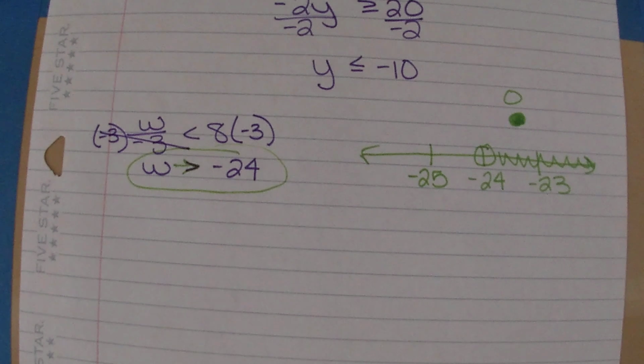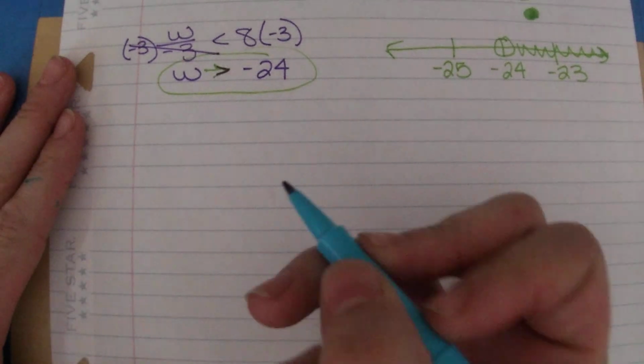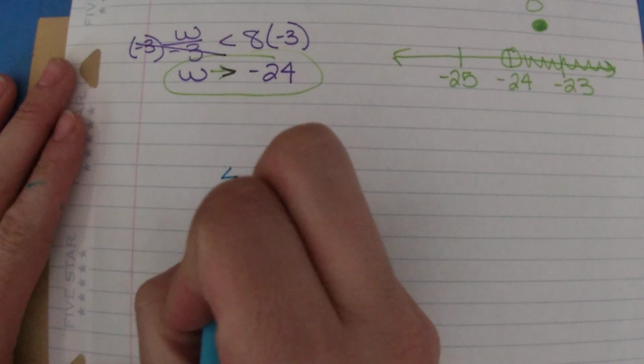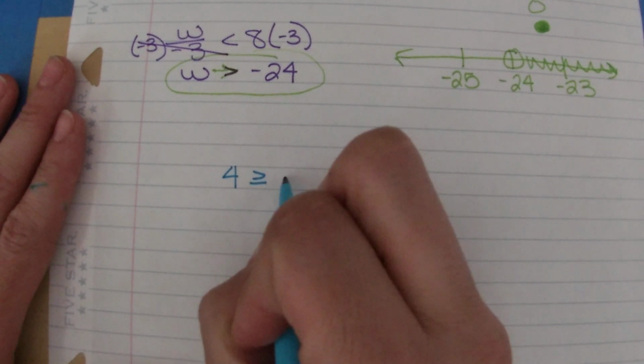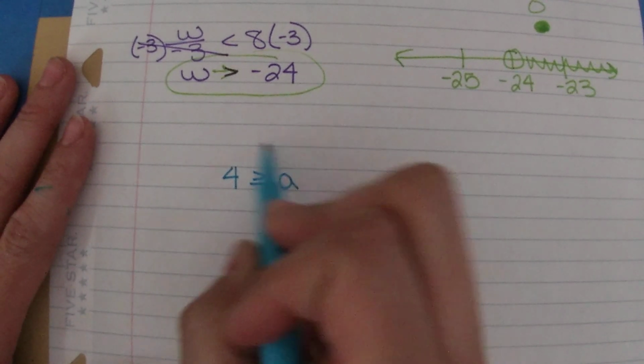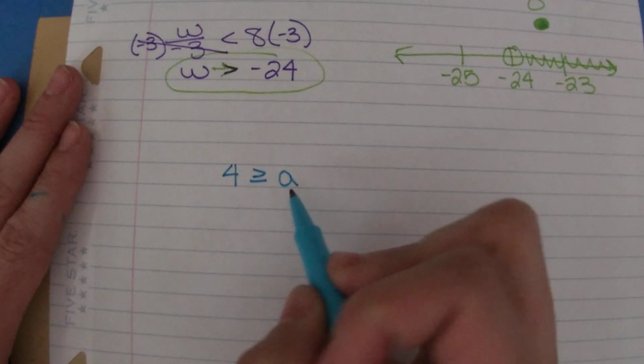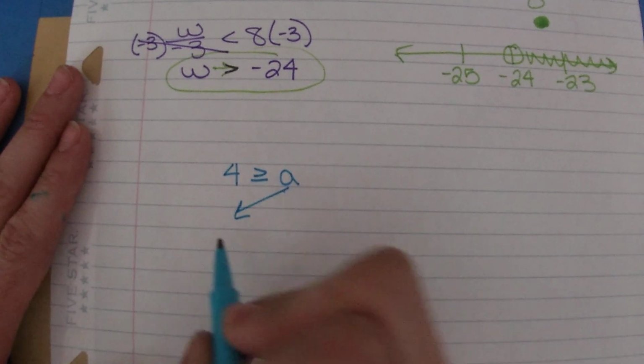Okay, so you should be able to definitely write the equation of an inequality. You should be able to solve an inequality. Now, remember, we can't graph an inequality unless the variable is first. So if we were asked to graph something like 4 is greater than or equal to a, we can't use those rules unless this variable is first.